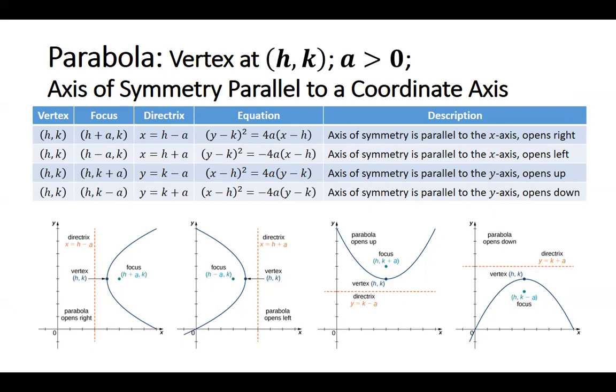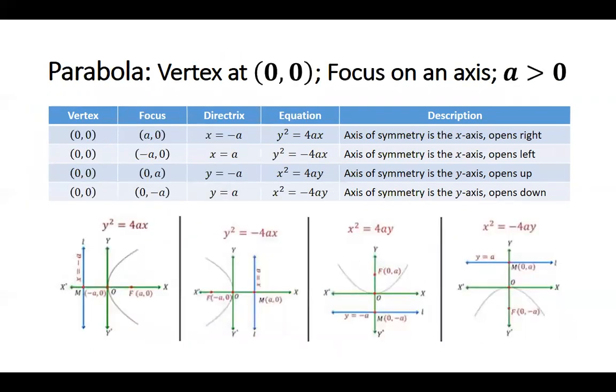So you can see here, if we have the vertex at (h, k), and we're dealing with one that opens to the right, then your x value is going to change to h plus a. So we remember that previously it was (a, 0) for your focus.